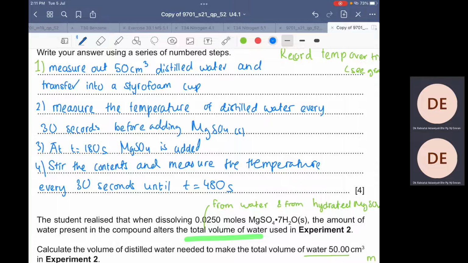Okay, next question is experiment 2. The student realized that when dissolving the hydrated magnesium sulfate, the amount of water present alters the total volume of water.